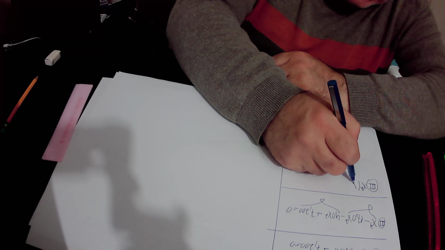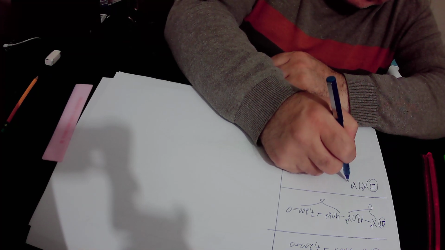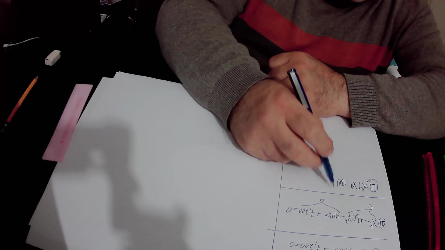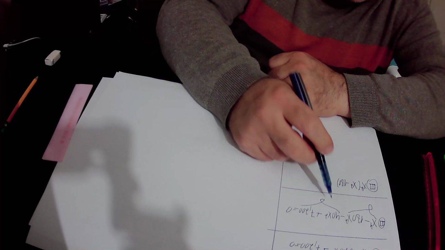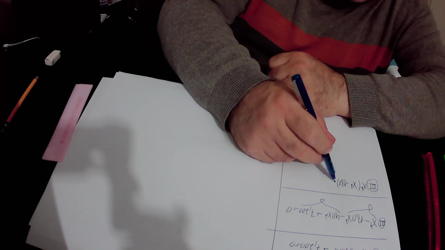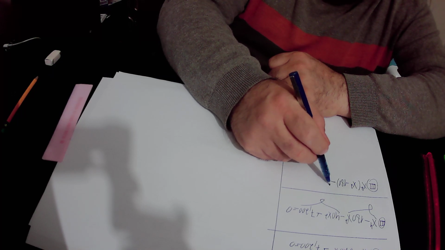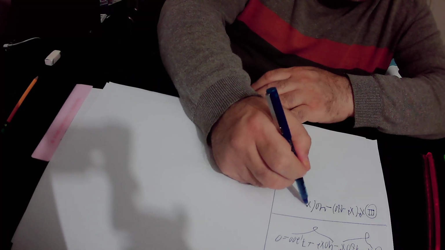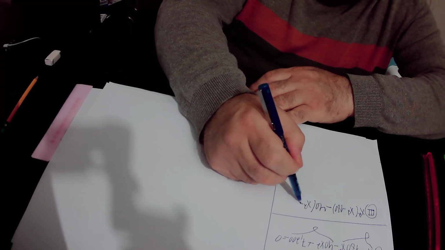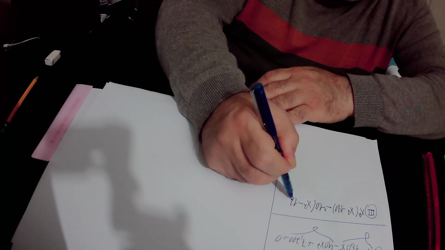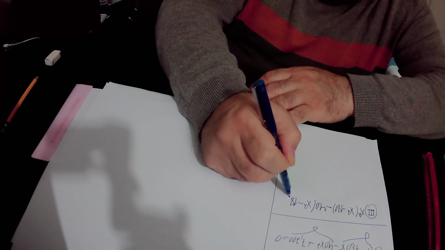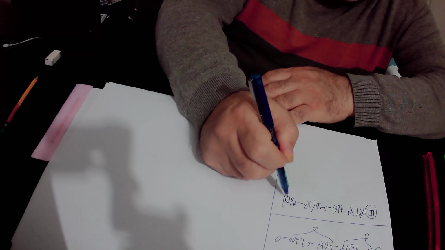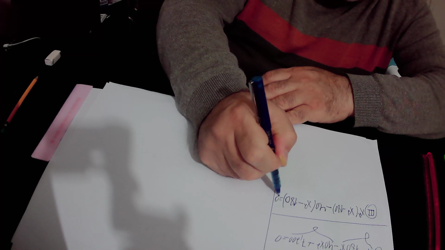Inside the brackets we will have x squared minus 180. And from here we will take minus 40 as a common factor. So inside the brackets we will have x squared minus 180, because minus 180 times minus 40 equals 7,200, and it is equal to 0.